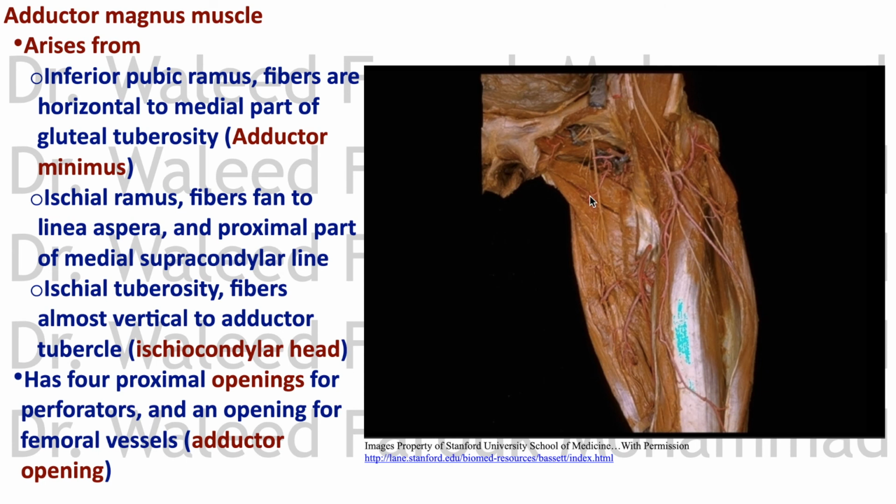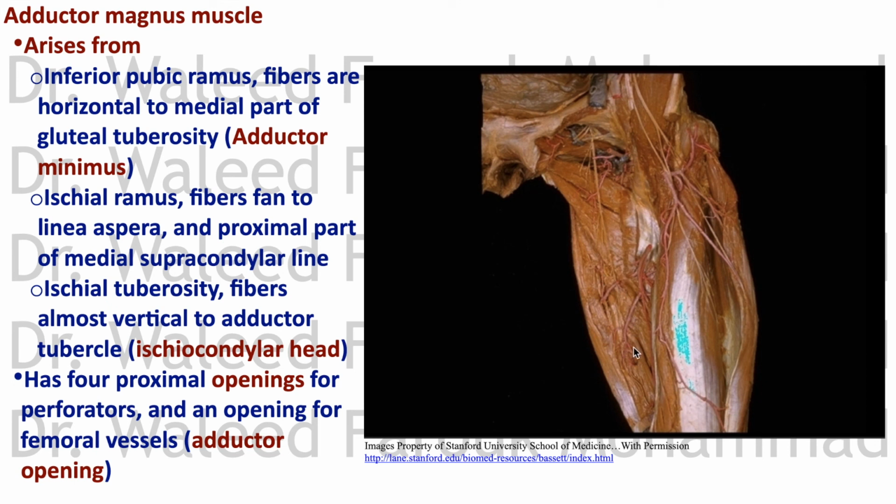The fibers that arise from the ischial tuberosity are almost vertical, and it's called the ischiocondylar head of the muscle. It has a different nerve supply than the rest of the muscle. The adductor magnus has 4 openings in it for the passage of the perforator arteries of the profunda femoris artery. We will discuss this later with the vessels.